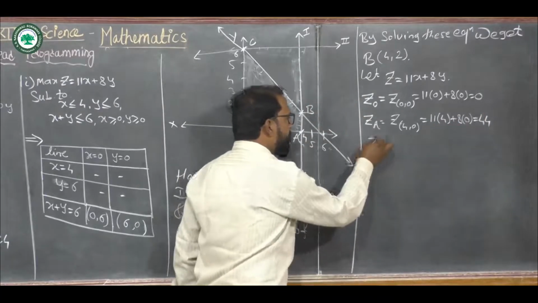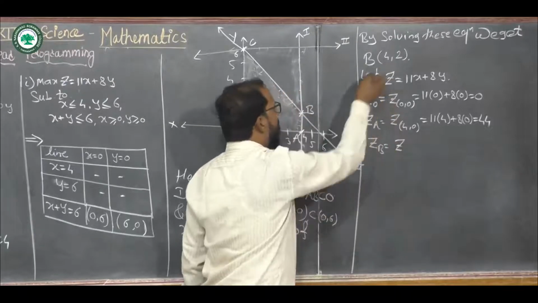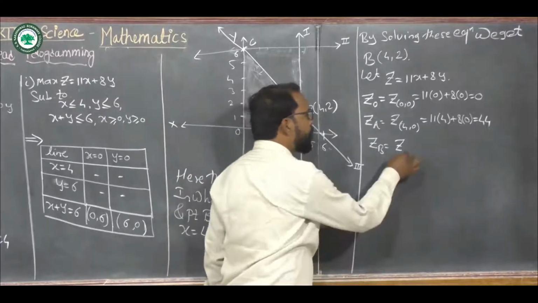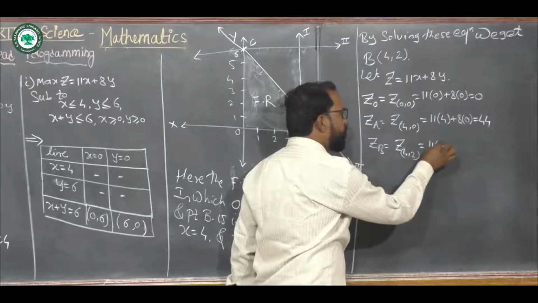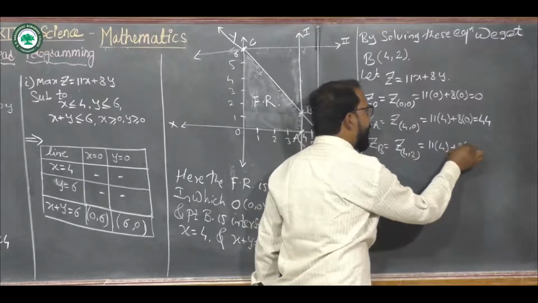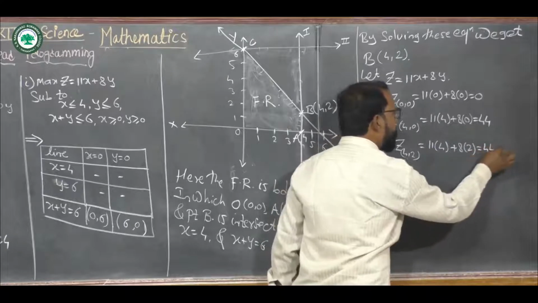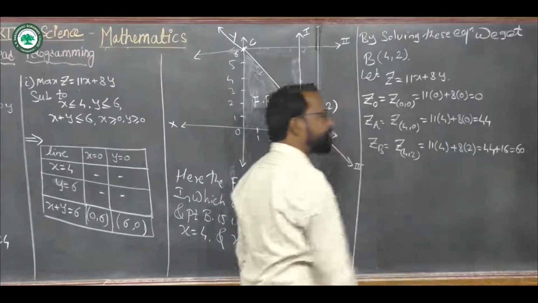Now next is z at B, and the coordinates of B are 4, 2. So it gives 11 into 4 plus 8 into 2, which is 44 plus 16, that is 60.